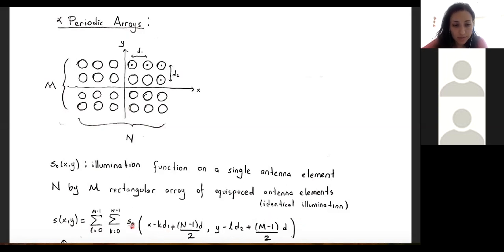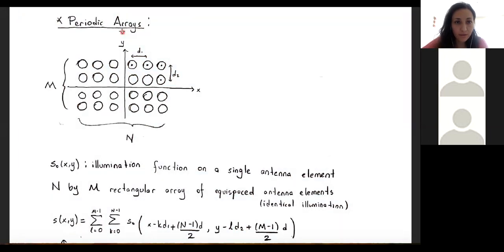So basically we're taking this S0 function, we are shifting it by k times d1 and l times d2 in x and y direction, as k goes from 0 to N minus 1 and l goes from 0 to M minus 1. But if we just do this shifting, then our antenna aperture will appear here, okay?